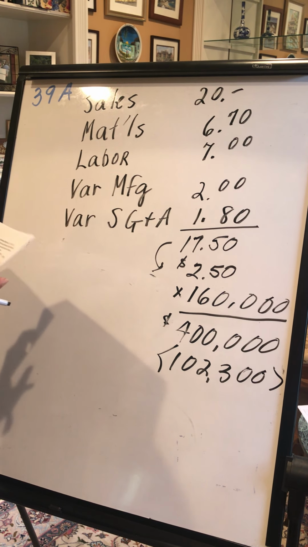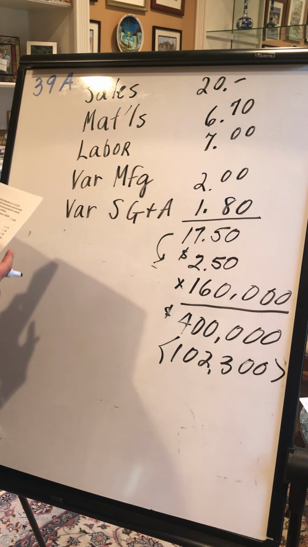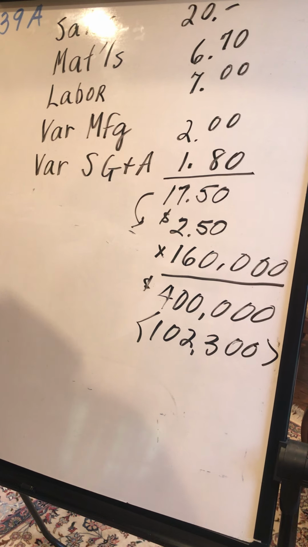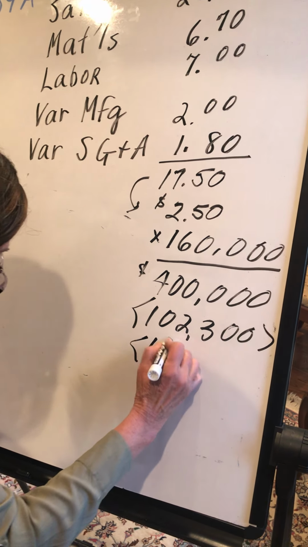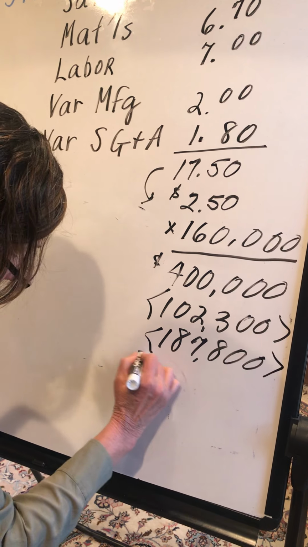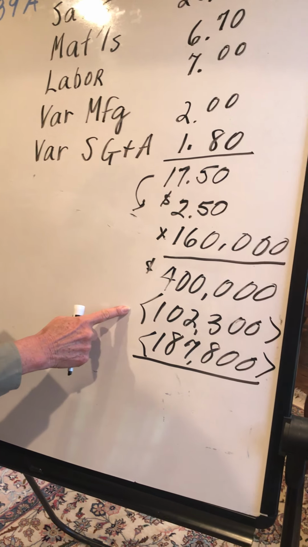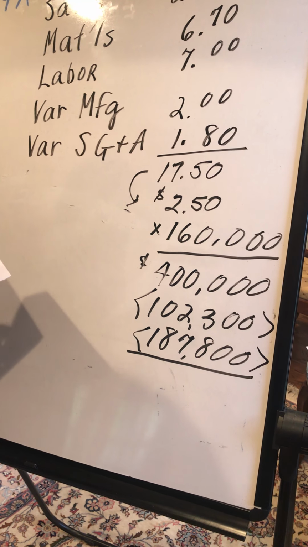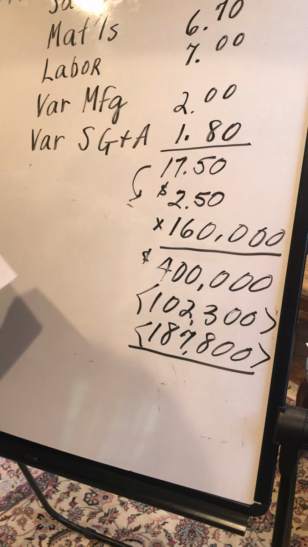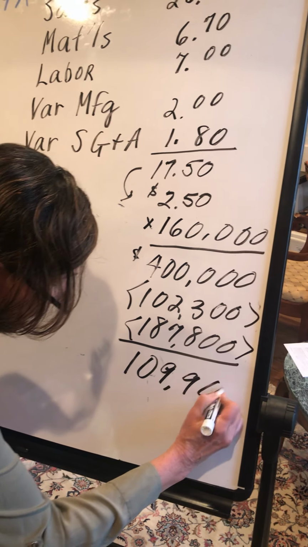And fixed selling, general and administrative expenses like the president of the company's salary and the marketing costs and so on, $187,800. So $400,000 minus $102,300 minus the other fixed cost should give us $109,900.